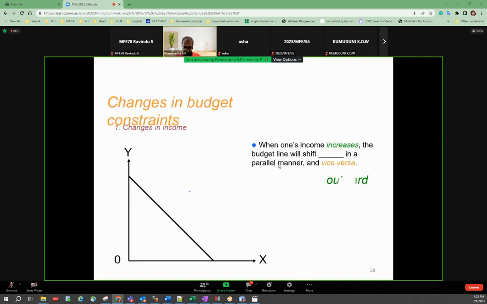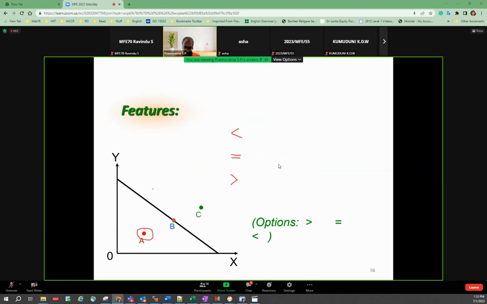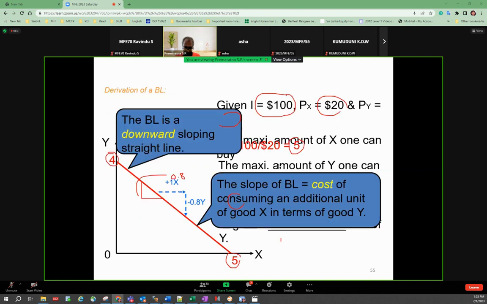Now, like I explained before, this is one of the important things, the budget line slope. I'll go back and show you. Here, the slope is the important concept. Slope is the price ratio, or we call it ERS, the economic rate of substitution.